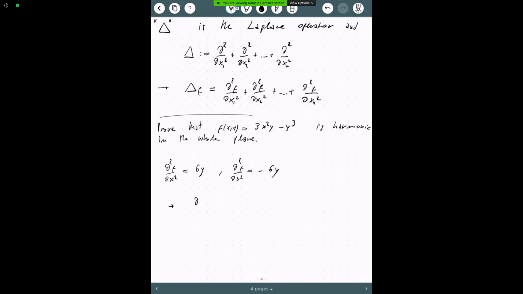So as we expected, the sum of these two is equal to 0, so the function is harmonic. And then there is another question that says, can you think of another polynomial of degree 3 in x and y that is also harmonic? Yes, so other polynomials of degree 3 that are harmonic.